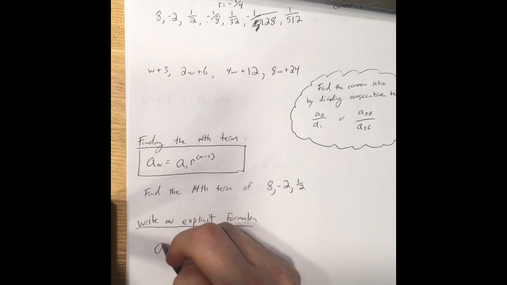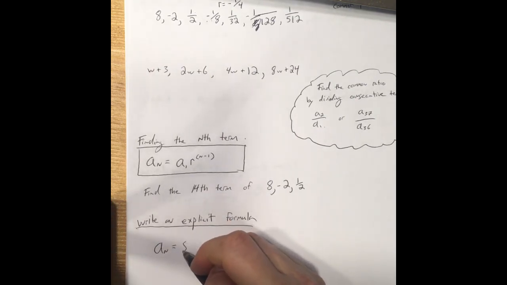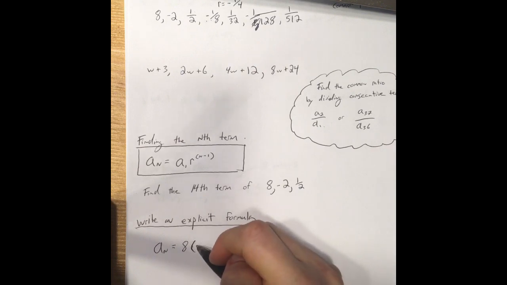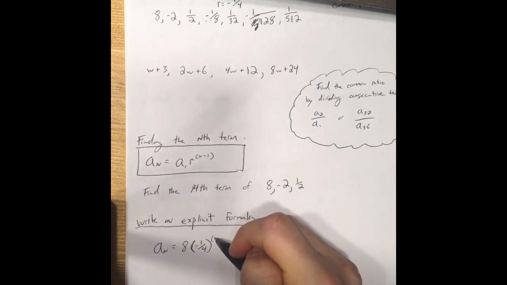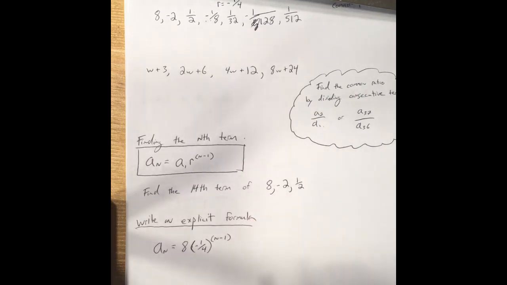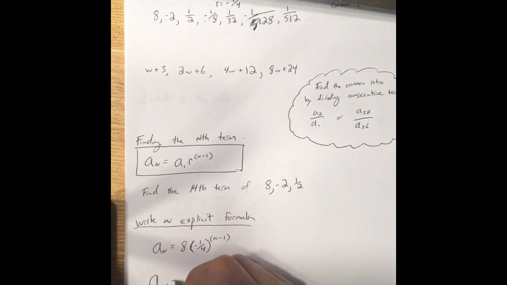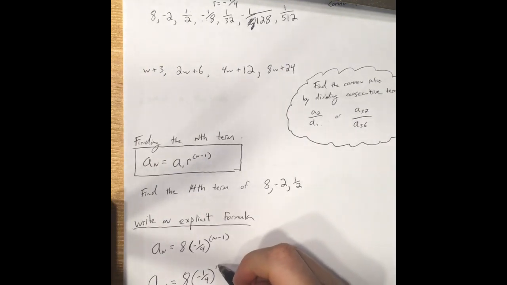So a sub n is going to be, my first term is 8, then our common ratio, which we know is negative 1/4, to the n minus 1. And then we want to get specific with it. I want to know the 14th term. So that's 8 times negative 1/4 to the 14 minus 1 power.